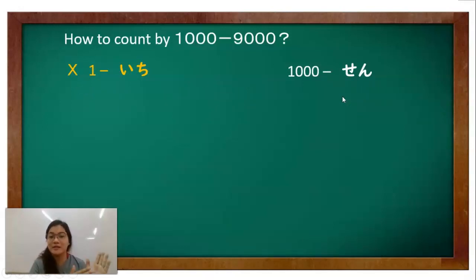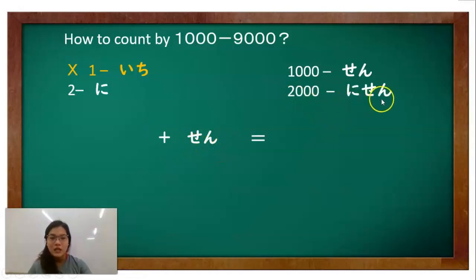No, just sen. Okay, so how about 2,000? So just the same process with the tens and hundreds. So you just add sen. For example, to make 2,000, you add ni plus sen is equal to nisen.